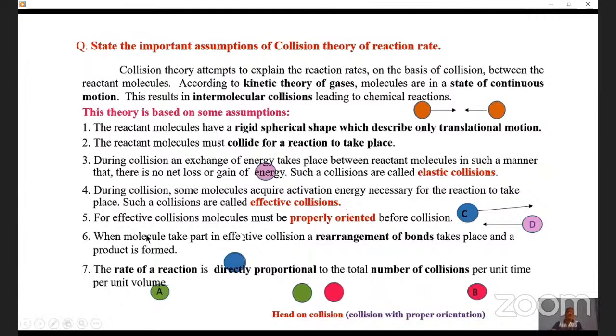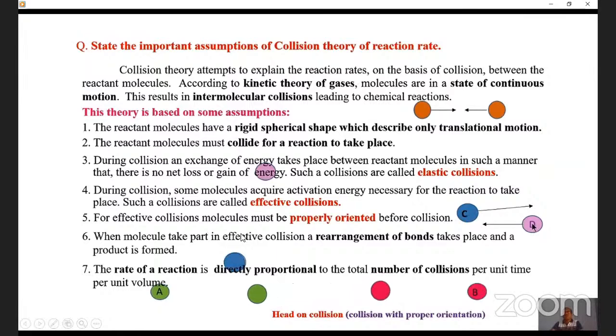The next assumption is that for an effective collision to take place, the molecules must be properly oriented before collision. Look at this example. This molecule C is moving diagonally, whereas this molecule D is moving horizontally from left to right. These two moving molecules just touch one another.